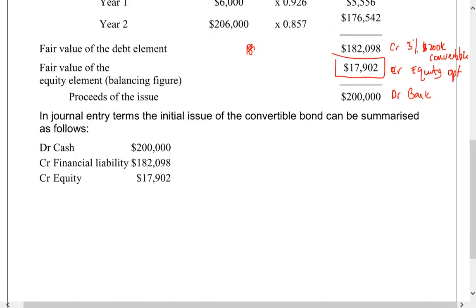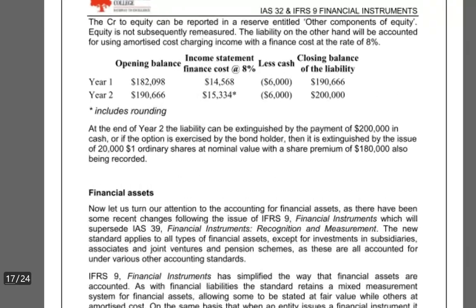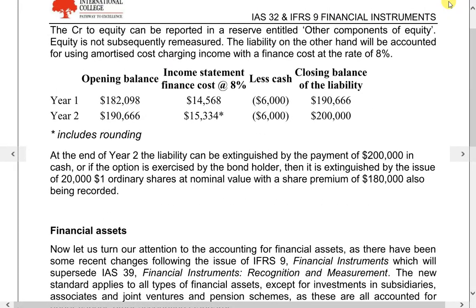So you can see the plus and minus: this one is SPL, this one is SFP. Next page. 3%, this one is the 3%.